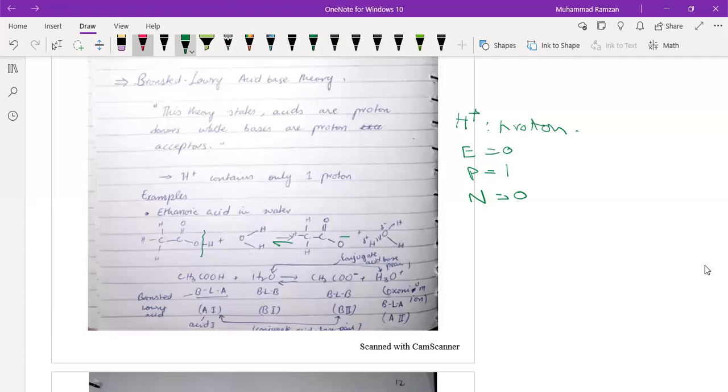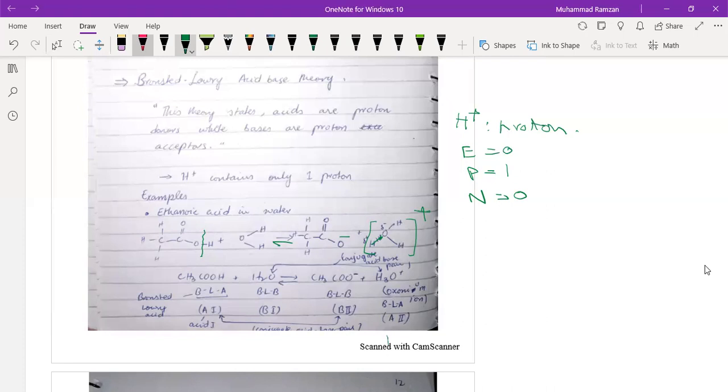This is H3O plus. And this is H plus. And it is oxonium ion.